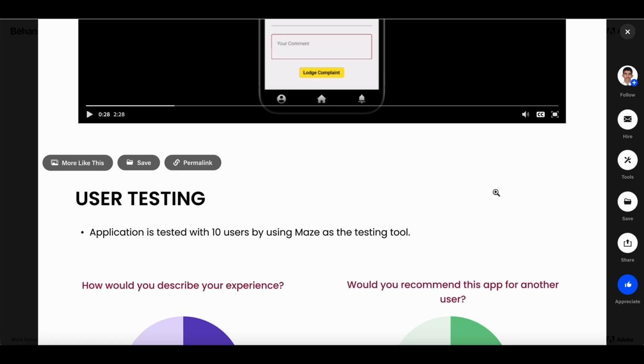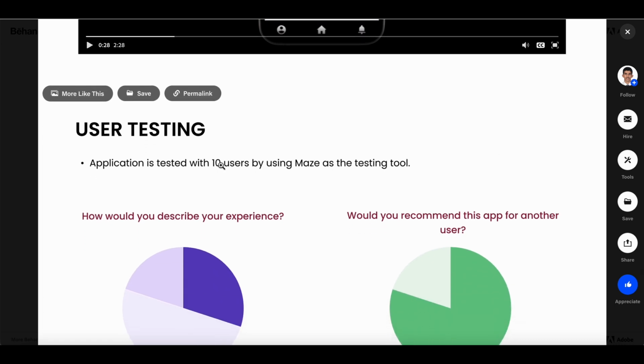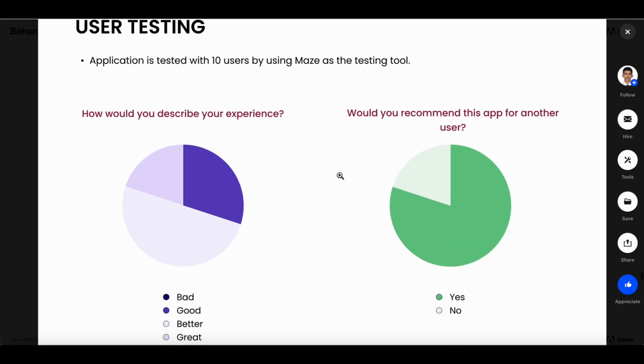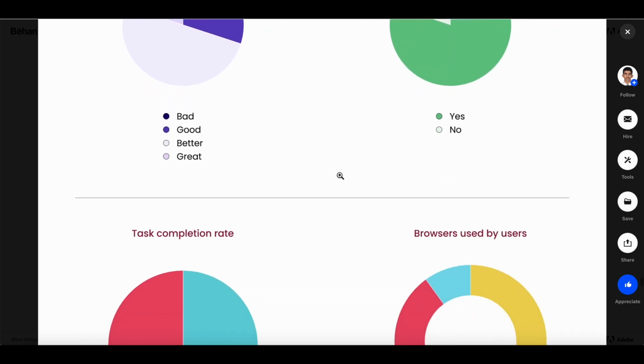So this guy has done it, and he has tested with 10 users by using this tool called Maze, and he has asked some questions and gathered information. And I don't know whether he has done it for real, but he has presented it in a believable manner that he has done it.